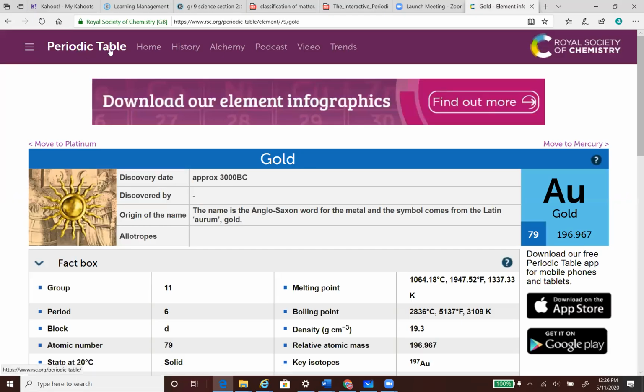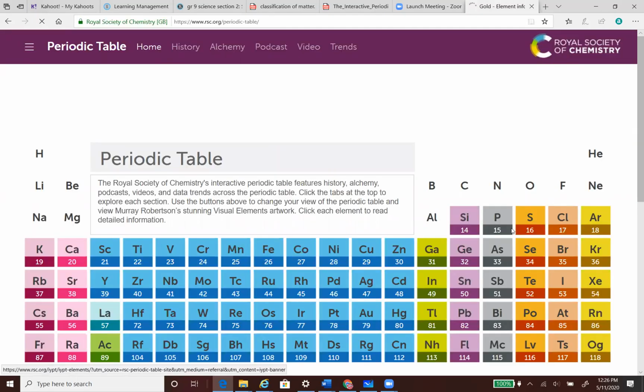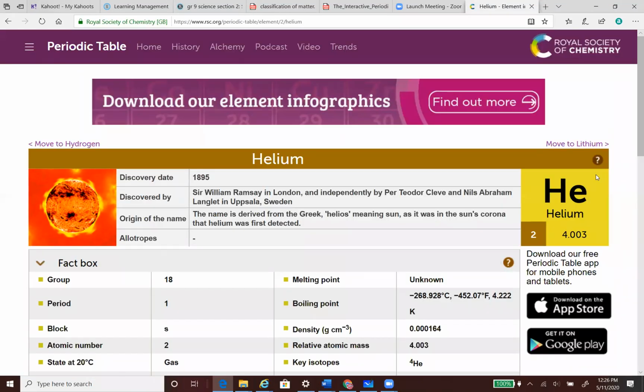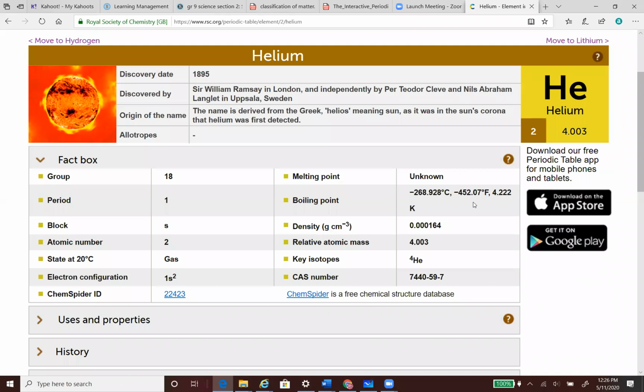For example, go back to the periodic table and click on something like helium. Its density is very tiny, 0.000164 grams per centimeter cubed, because helium is a gas. Gases don't have a lot of mass in a particular unit of volume.